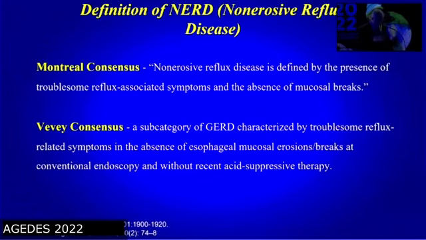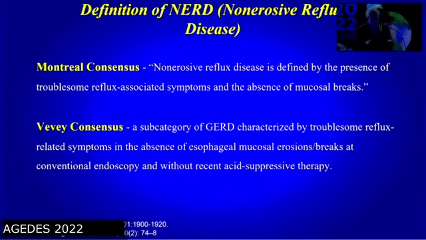And when you look at the Vevey Consensus, it's a subcategory of GERD characterized by troublesome reflux-related symptoms in the absence of esophageal mucosal erosions or breaks at conventional endoscopy and without recent acid suppressive therapy.